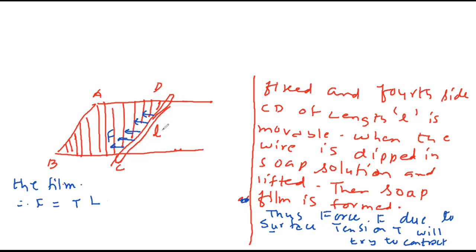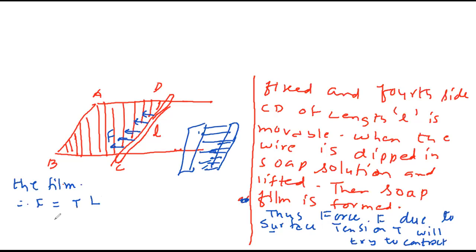And small l is the length of that side CD. So are L and this small l the same, double or half? No. See, this is the rod and this is the film. The film has finite thickness, so it will pull the rod from the top side and also from the bottom side. So it will be 2l. Imagine a layer: if I see from the top, it is touching that CD, and from the bottom also it is touching.